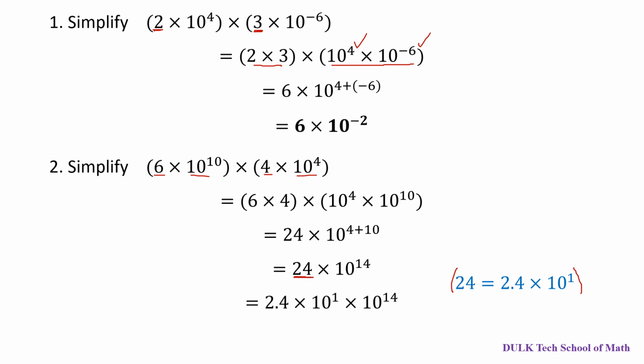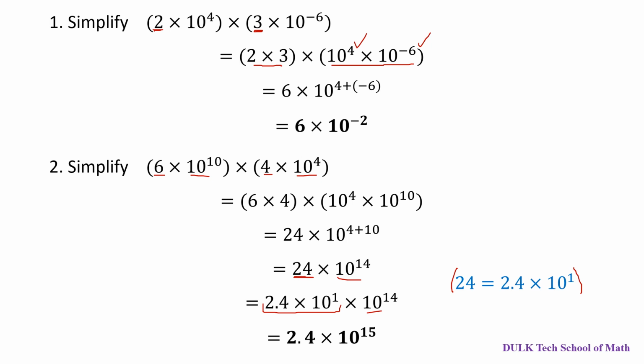Then we are multiplying 10 to the power 1 and 10 to the power 14. According to the laws of indices, we simply add the powers. So it's now 10 to the power 1 plus 14. It's now 2.4 times 10 to the power 15.